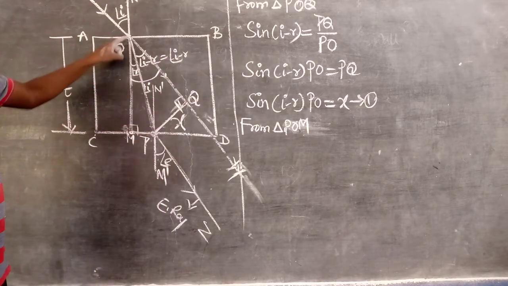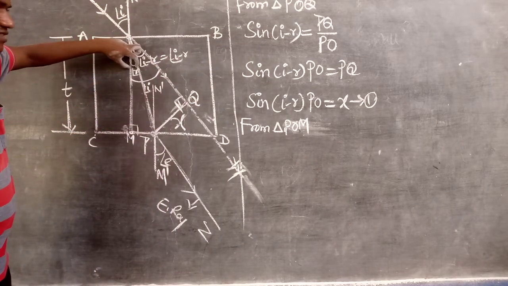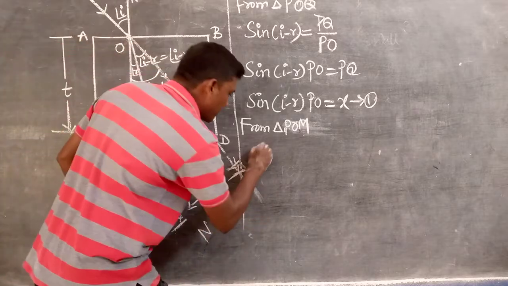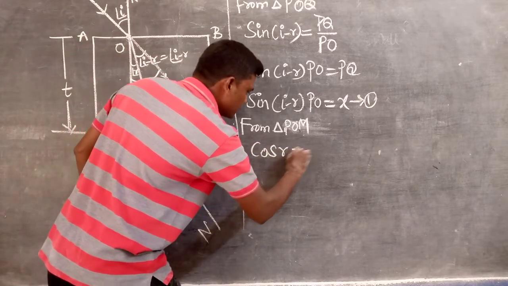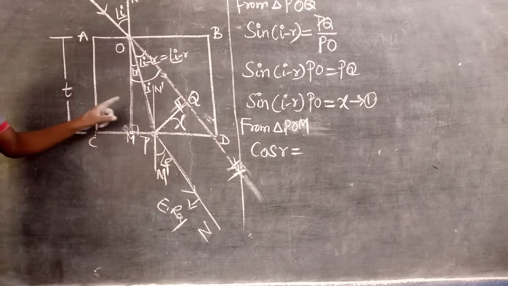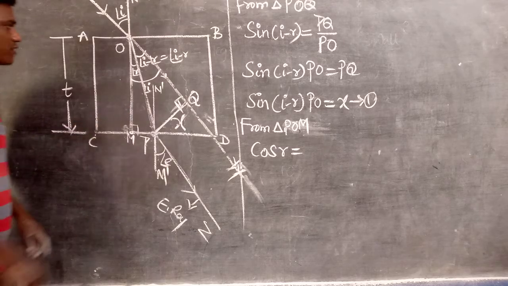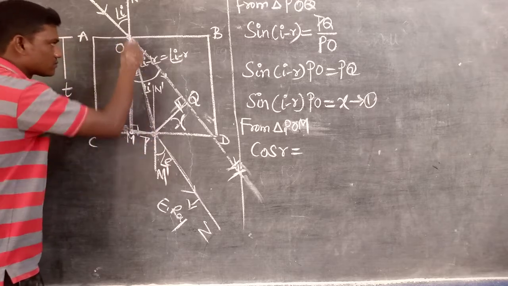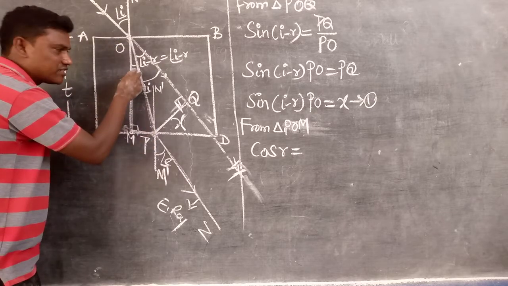From POM, angle R is there. That's why cos R is equal to, cos theta is equal to, what is the formula? Adjacent side by hypotenuse. For this one, theta means R.